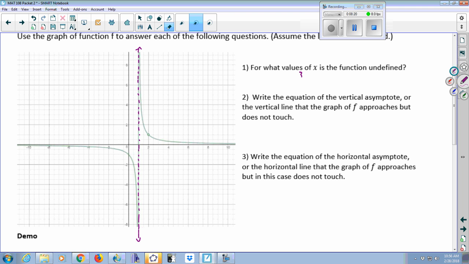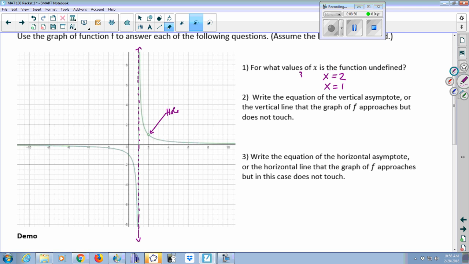So this function is not defined at x equals 2 because you see a hole in the graph. And so it's not defined for x equals 2. And it's also not defined when x is 1 because of that dotted vertical line. And we're going to spend a lot more time today talking about each of these. Okay, so this is the two places where the function is not defined.